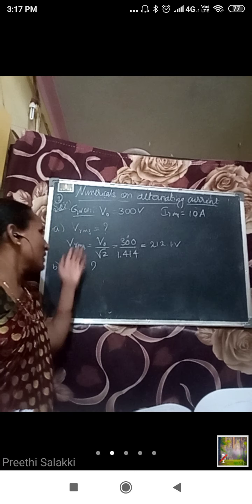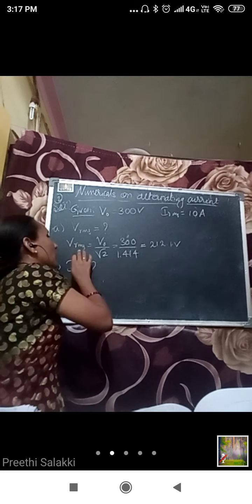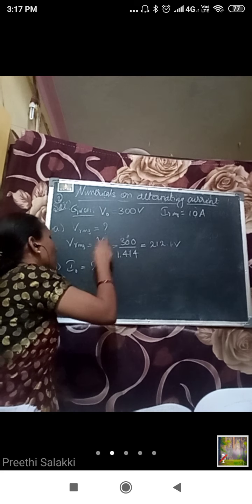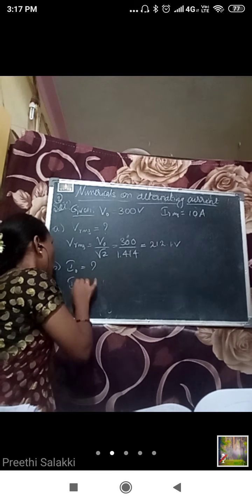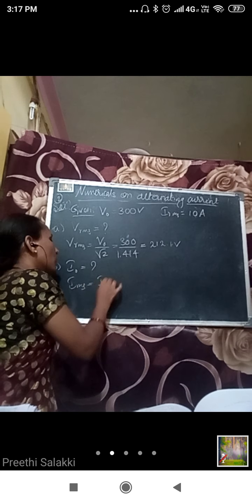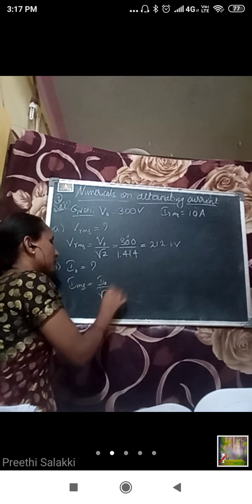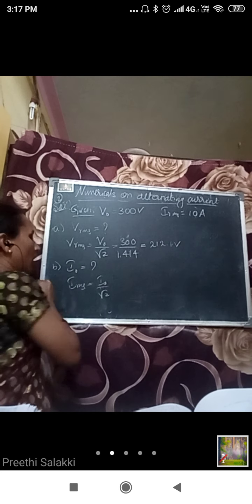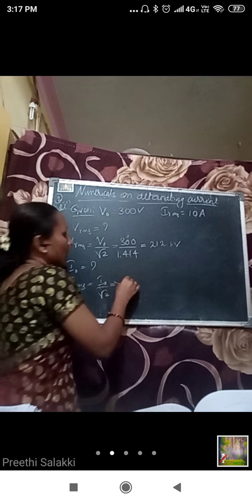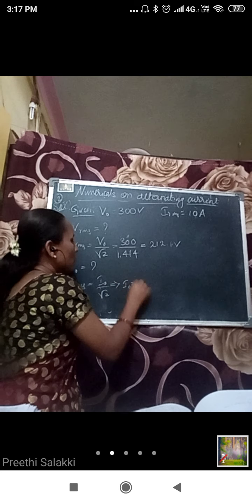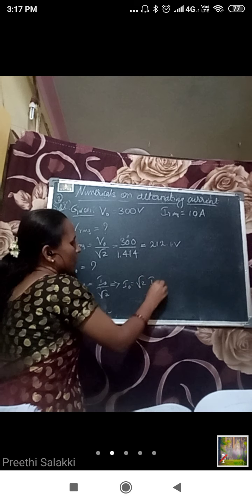Then I0, same formula, only in the case of I0, V0, VRMS, IRMS. So the formula comes to be IRMS is equal to I naught by root 2. Cross multiply because we want I naught. I naught is equal to root 2 into IRMS.